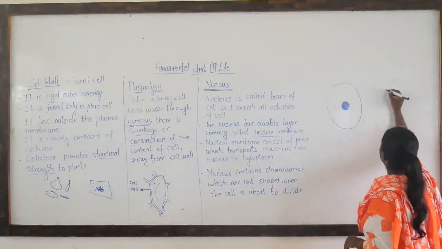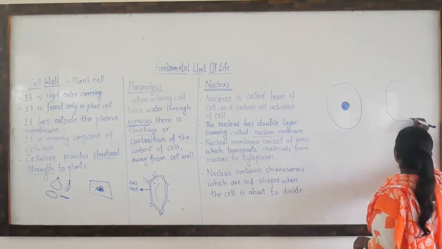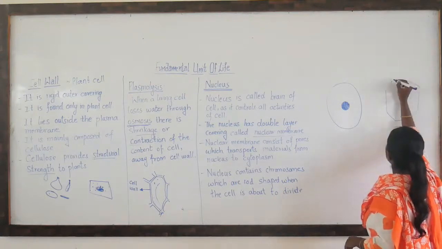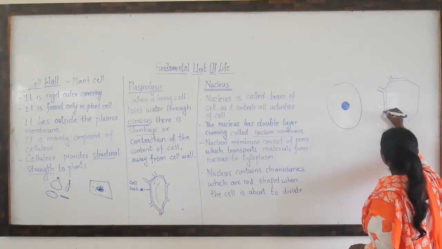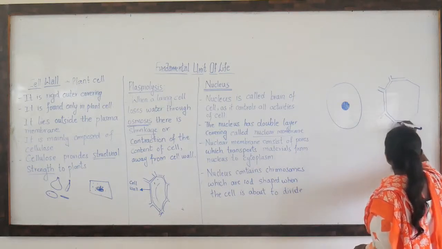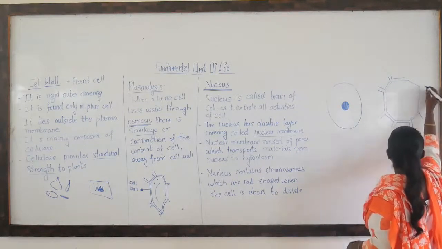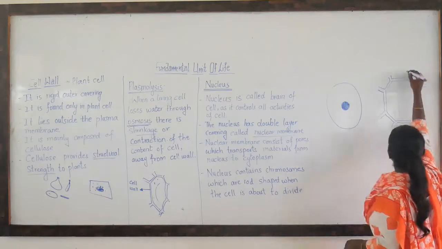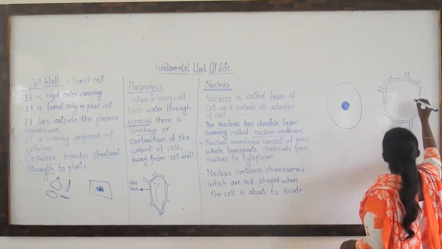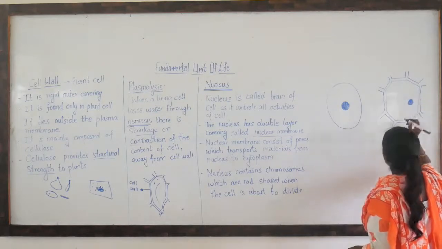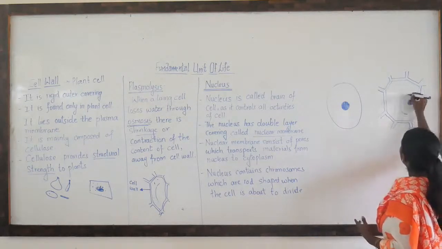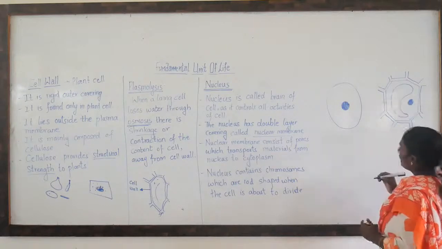Whereas in plant cell, you find the nucleus to be at a corner and the prominent part here is the vacuole, right?